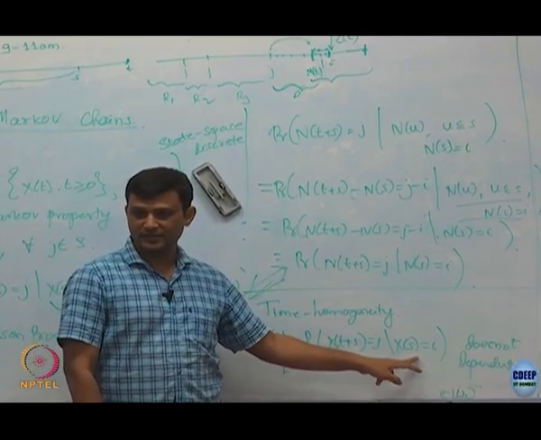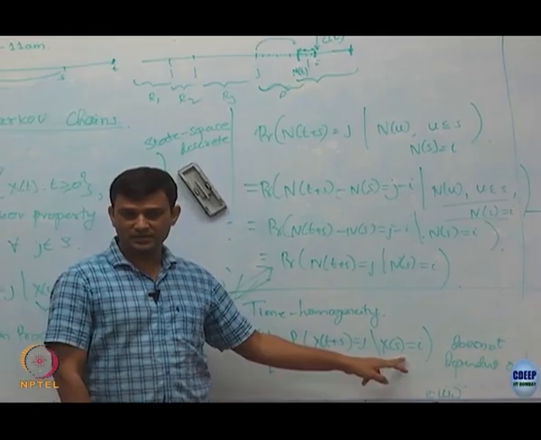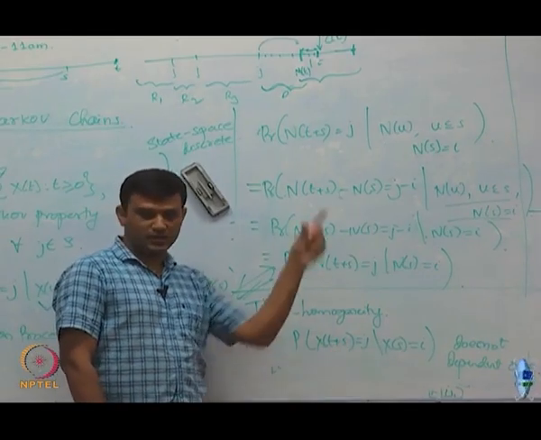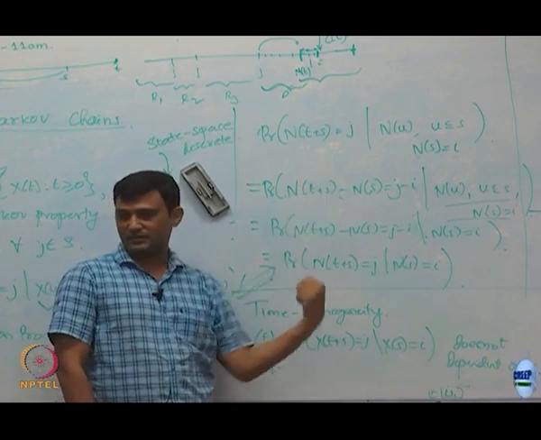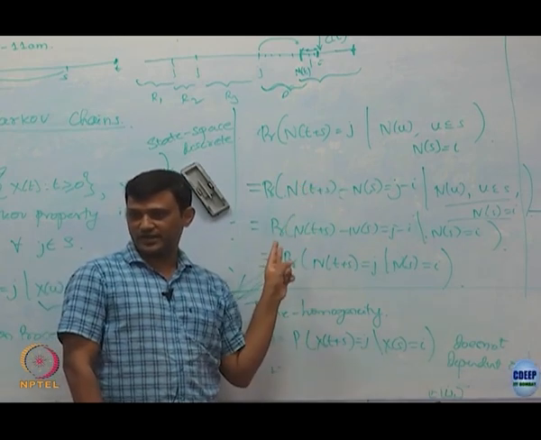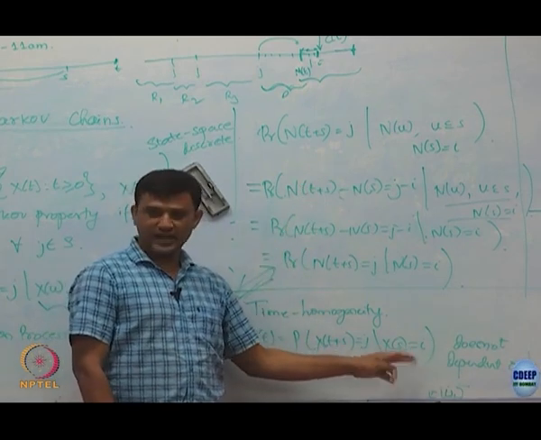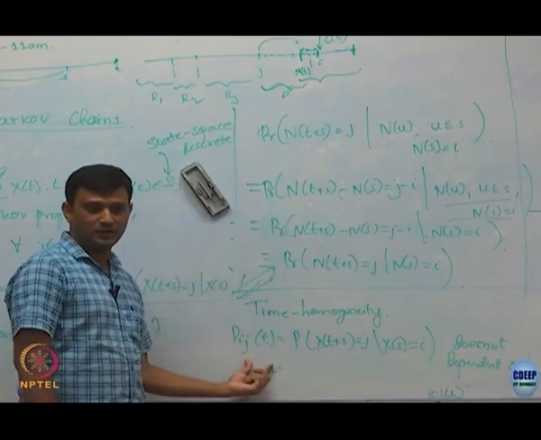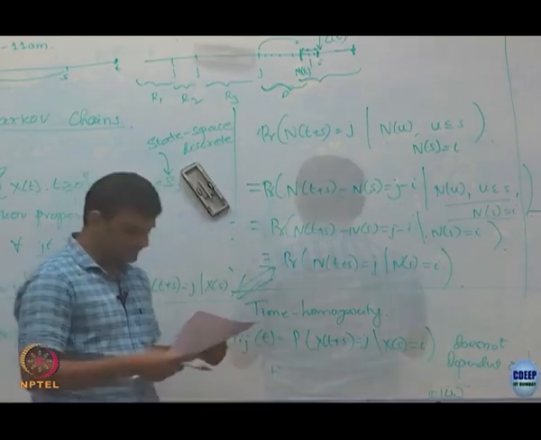It does not matter where you start; what matters in this probability is the length of that duration. We are just going to call it time homogeneity. It does not matter which s you put, as long as the length of that interval is the same, it is going to be governed by the same probability.